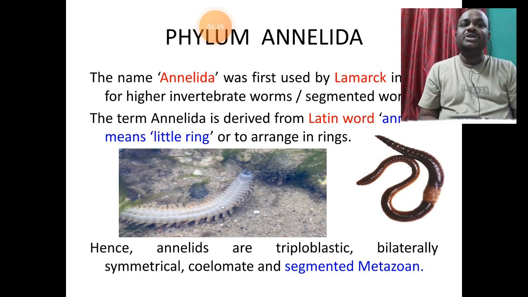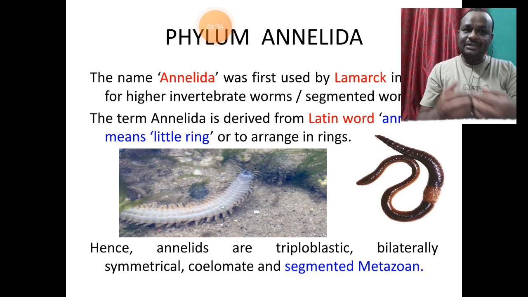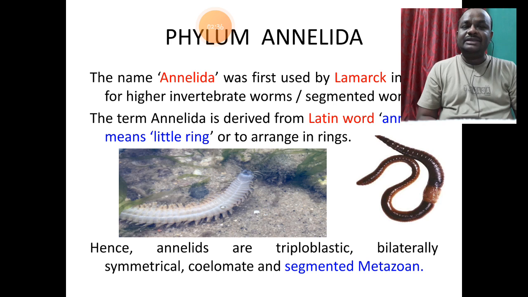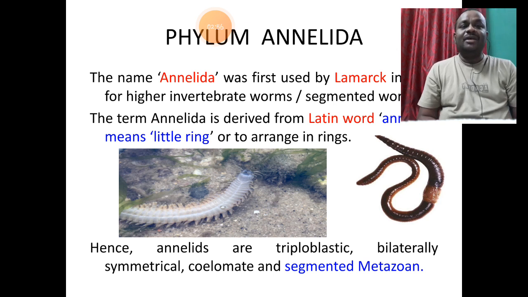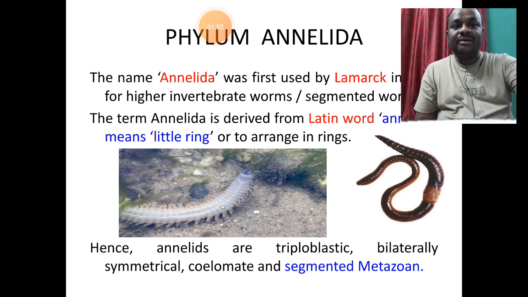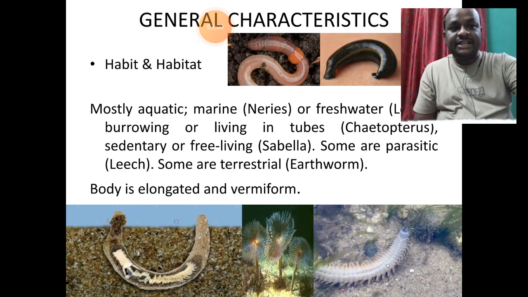Any organism which has got this kind of body arrangement with ring-like structures on it comes under the phylum Annelida. Hence, annelids are defined as triploblastic, bilaterally symmetrical eucoelomates with metameric segments or segmented worms, which are referred to as the metazoans or higher invertebrates.